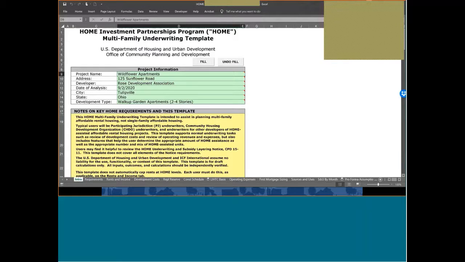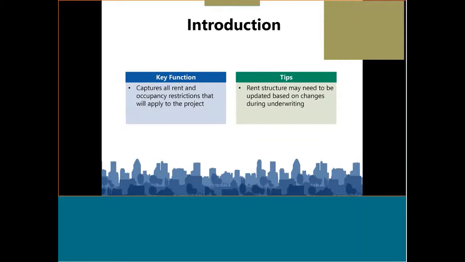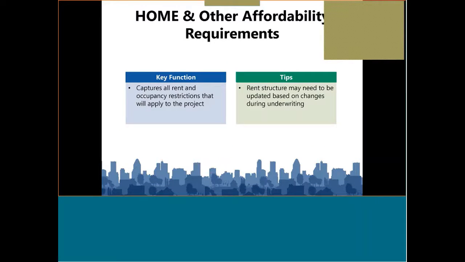And we're dealing with Wildflower Apartments, where it is, who the developer is, what the date is, and what kind of property it is. So with that, we can move on to the next worksheet, which covers HOME and other affordability requirements.